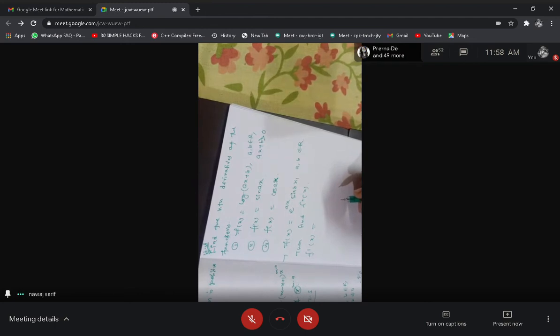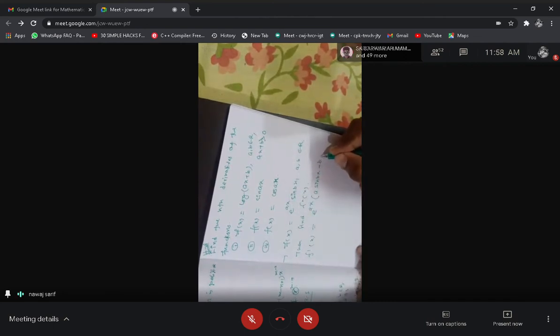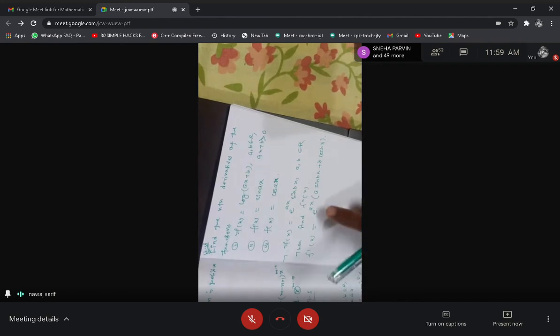f dash x is e to the power ax into (a sin bx plus b cos bx).